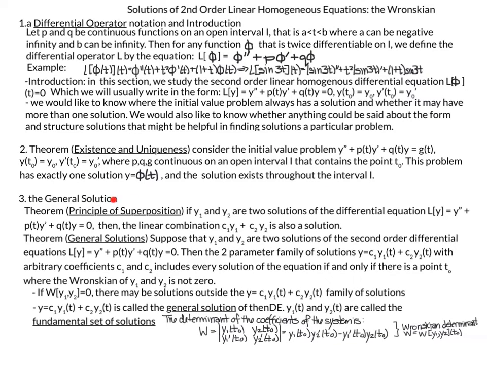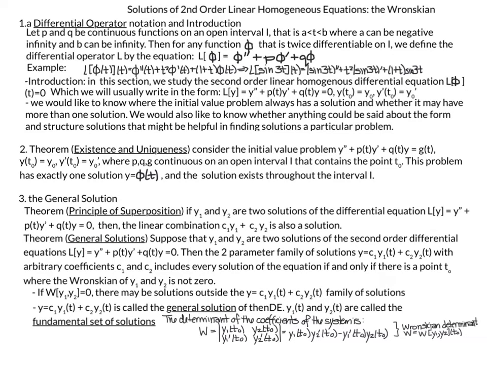Then we have the general solution. First is the principle of superposition, which you've been using since the last chapter. So if y1 and y2 are two solutions of the differential equation, then the linear combination is also a solution. In other words, c1 times y1 plus c2 times y2, with constants c1 and c2, is also a solution. We've been using that to create a general solution.